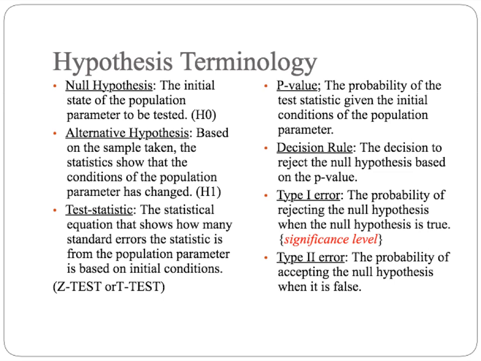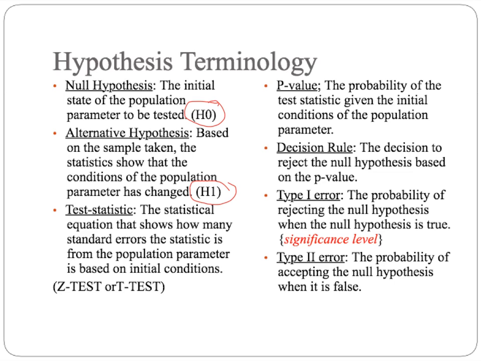So this slide goes over some of the hypothesis terminology. We represent the null hypothesis, the initial state of the population parameter to be tested, as H naught. The alternative hypothesis: based on the sample taken, the statistics show that the conditions of the population parameter have changed. This is H1.